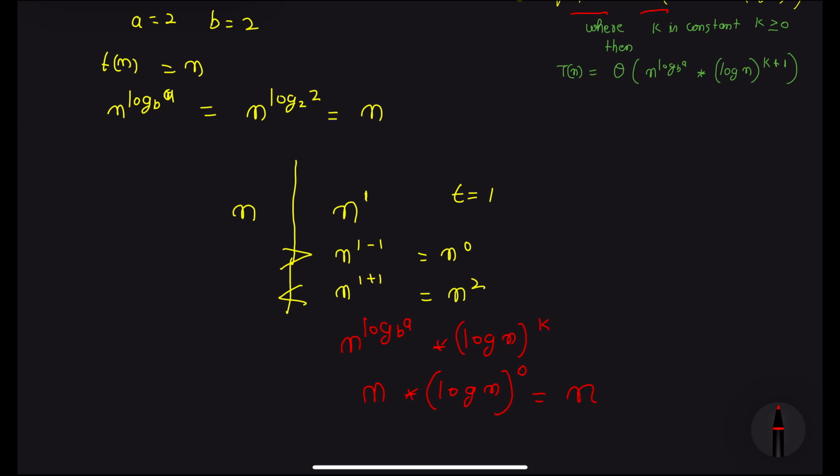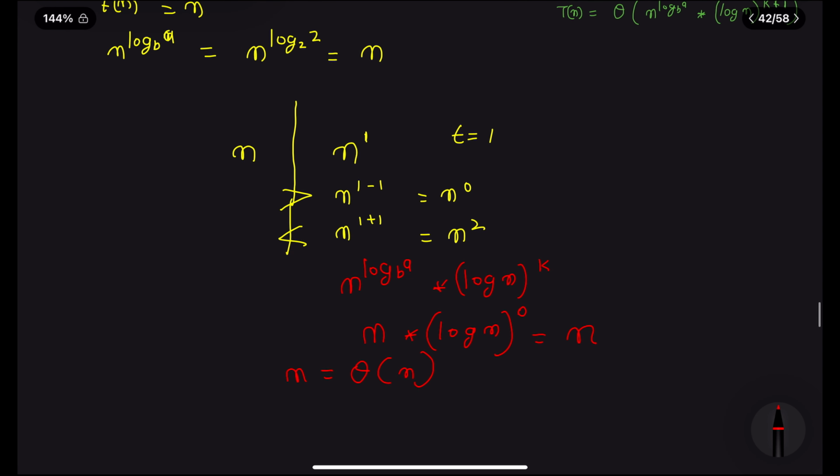So this is satisfied. We have proved that f(n) is equal to Theta of n^(log_b a) into log n to the power k. So n is Theta of n. Now we can implement the condition.